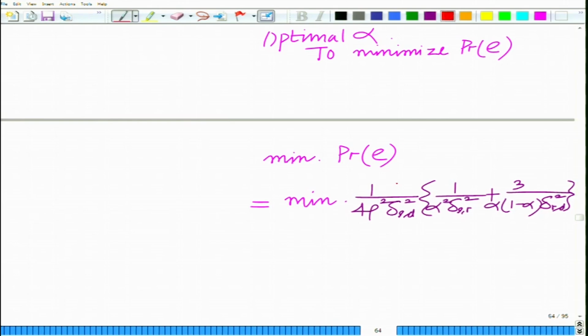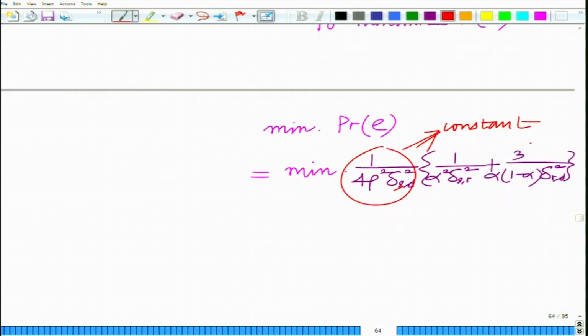Now, observe that this is a constant: rho is fixed, P is fixed, delta RD square, delta SD square are fixed. So this is a constant.